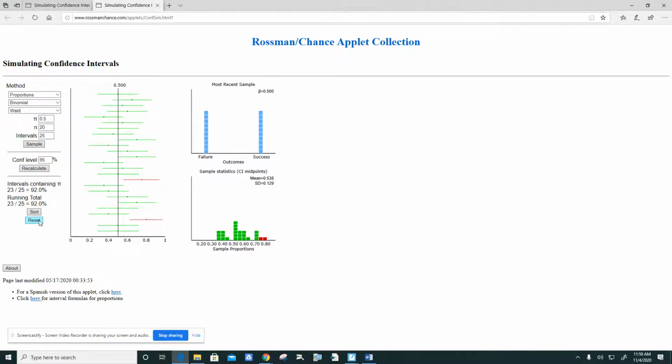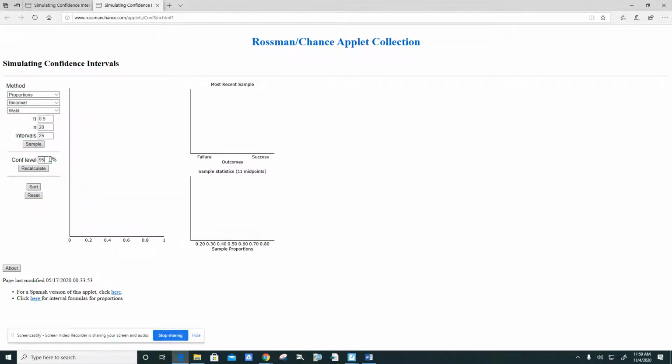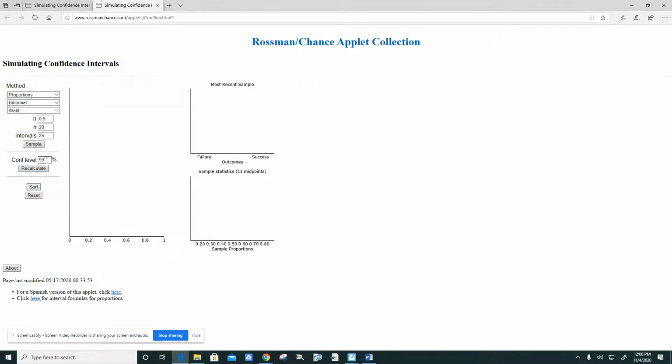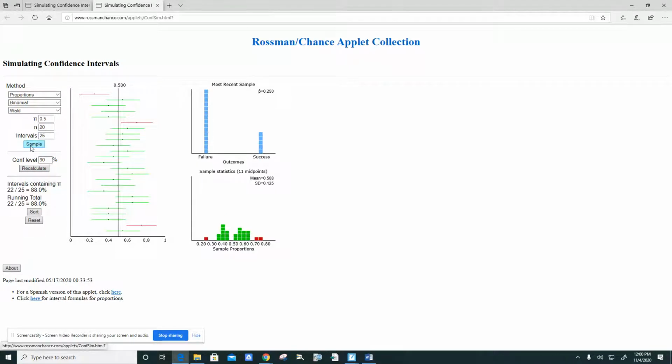So I'm going to reset this. You just take a look at the length of those segments there. Okay, we're going to switch this out. I'm going to leave all the rest the same. Okay, now I don't know if you can tell what happened there with those green segments, switching from 95% to 99. It does feel like they got a little longer, like the interval grew, got slightly bigger. Let's switch it down to a 90%.